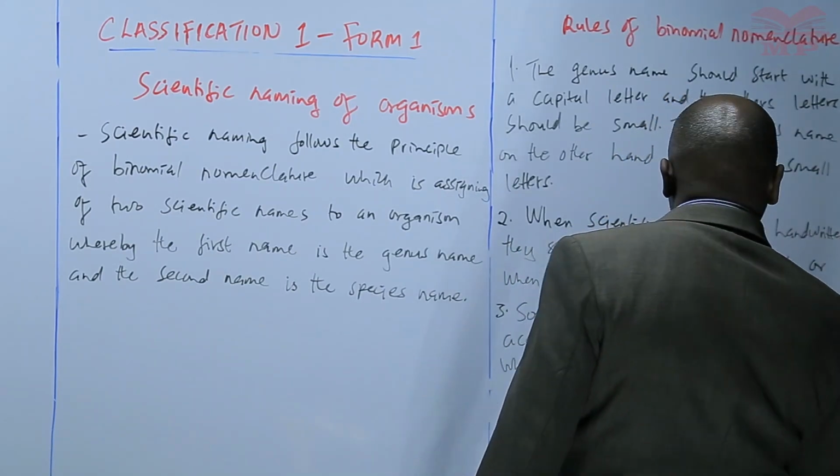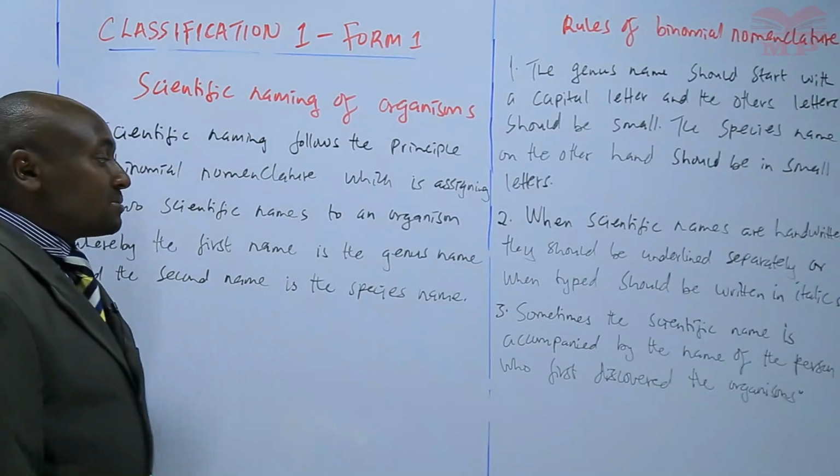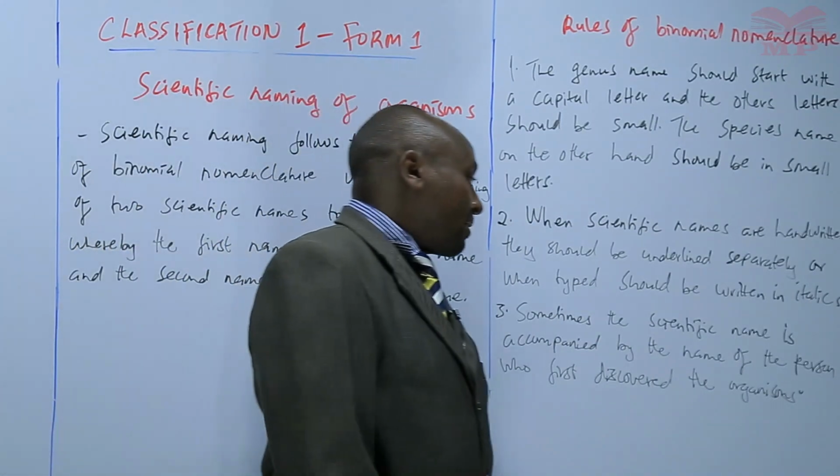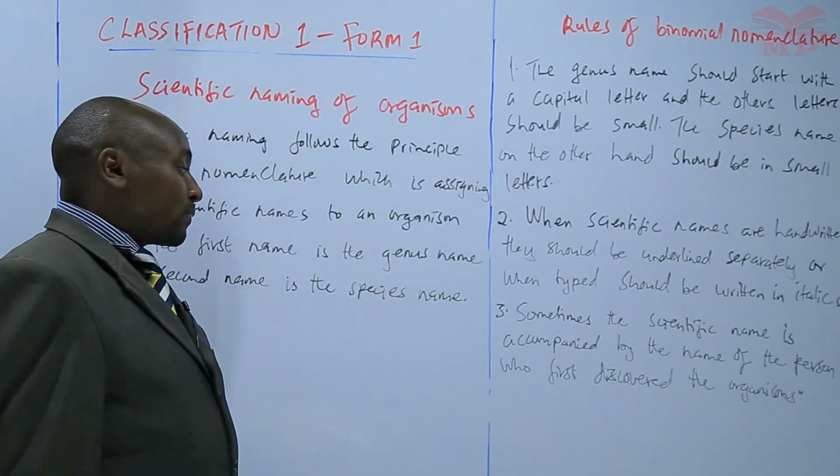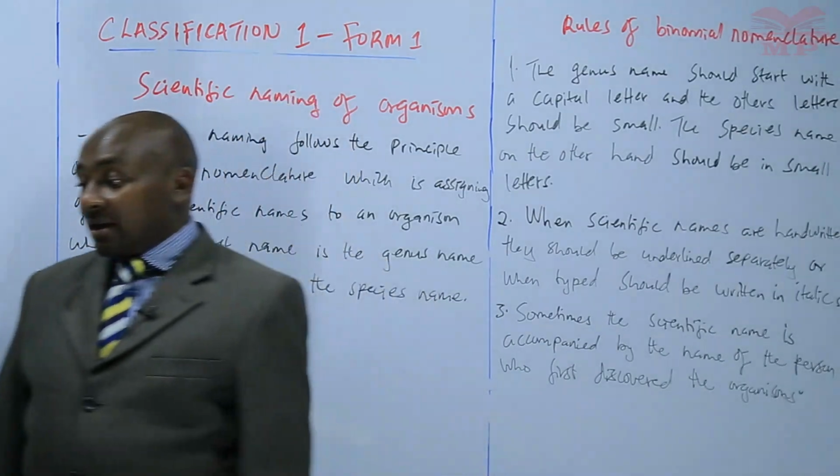So we are saying that this one is not in all cases, but sometimes the scientific name is accompanied by the name of the person who first discovered the organism.